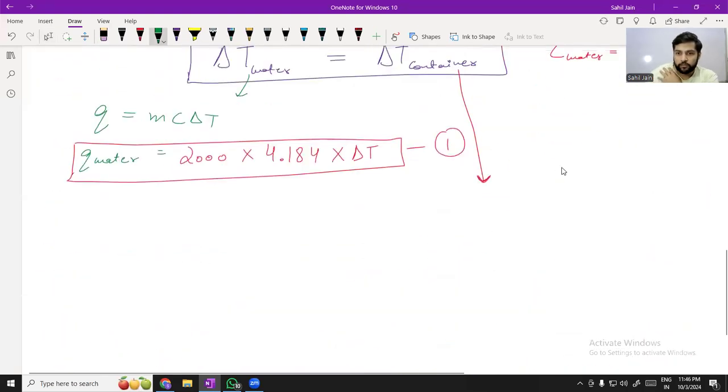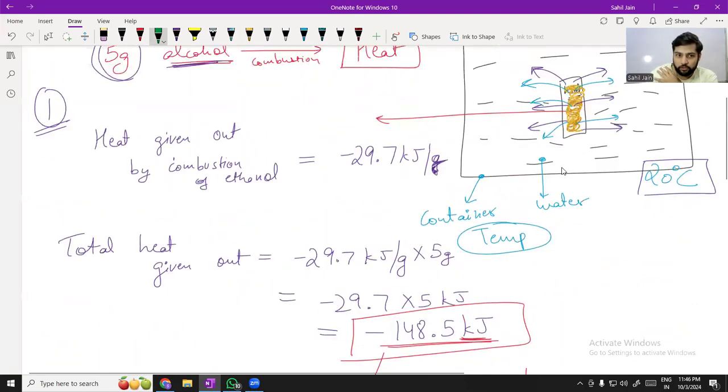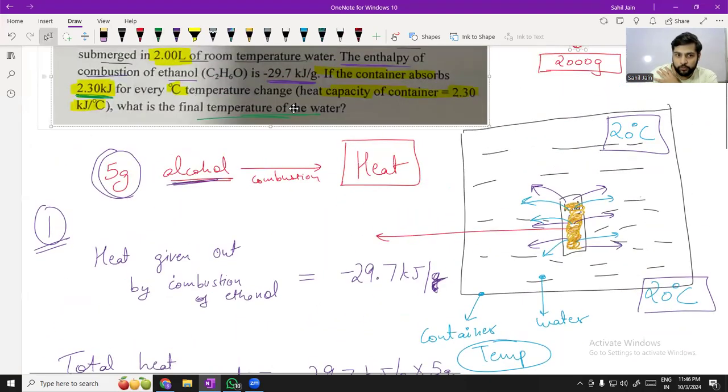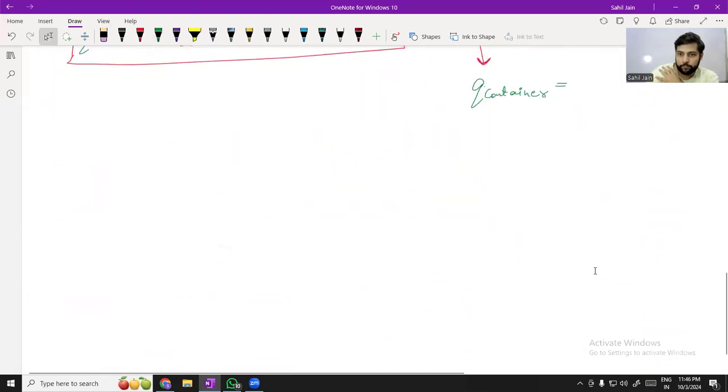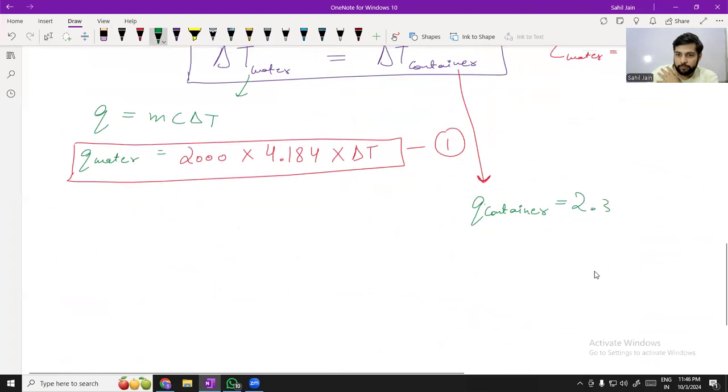So we can form a formula here which would say heat absorbed by container would just be equal to the specific heat we have. What was the value? 2.30 kilojoules, right? This 2.30 kilojoules multiplied to how much temperature change we need.